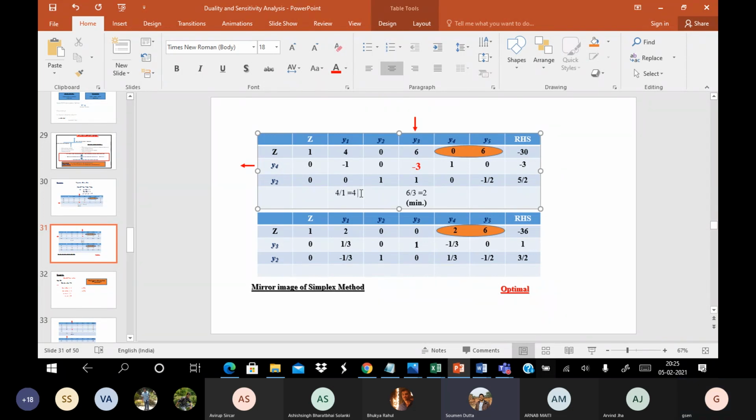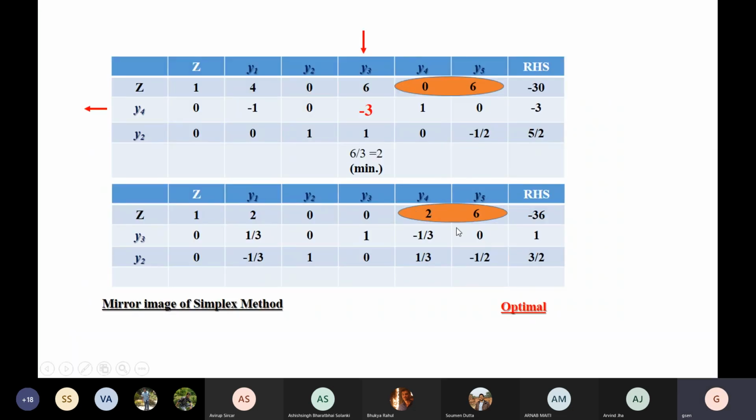Because y4 is the leaving variable. No, y4 is the leaving variable you have decided. Now you have to select the entering variable. Which one will enter will be decided by the minimum ratio test on the non-basic variables. So y1 is non-basic, y1, y3 and y5. One of them will enter the base now.